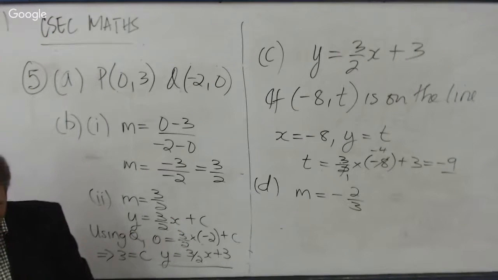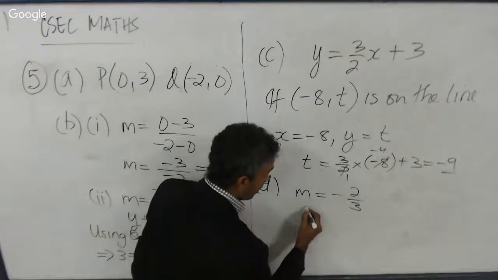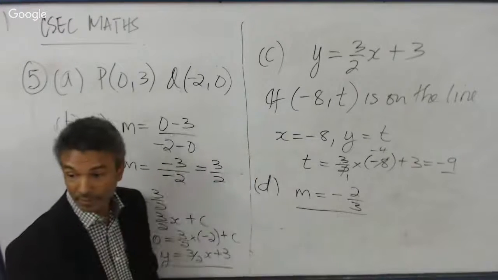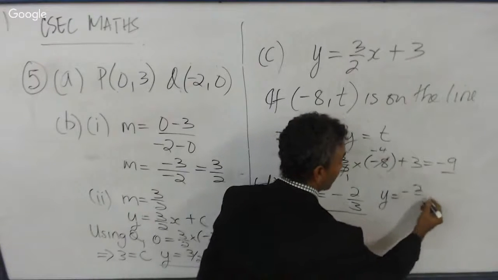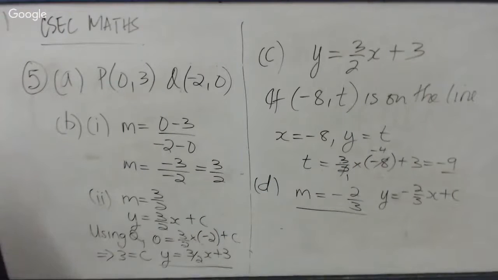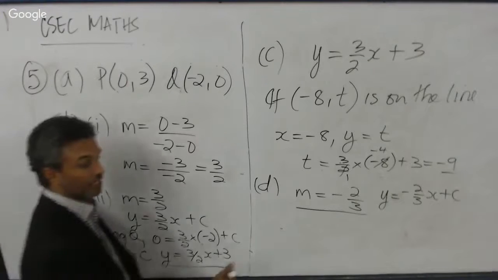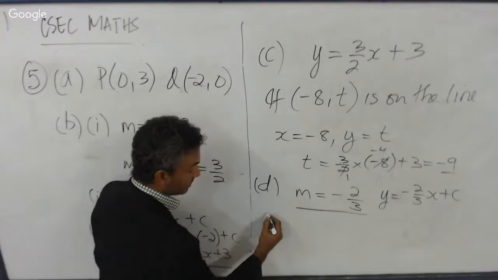Do we know the coordinates of A or B? We don't, but we know this line passes through 6, 2. So you have the equation, which is y equals minus 2/3 x plus c. To find c, you're going to substitute 6, 2 in the equation.